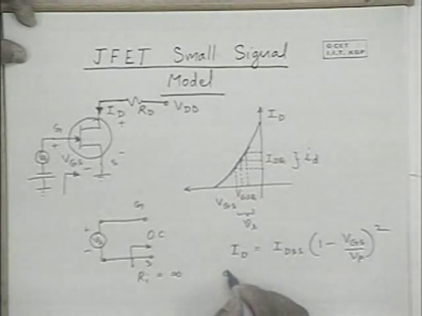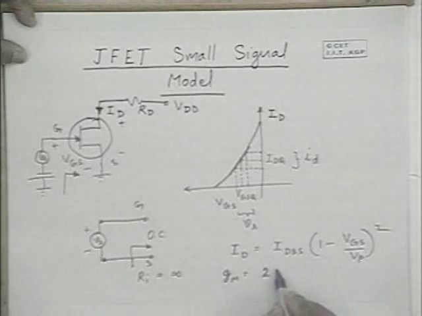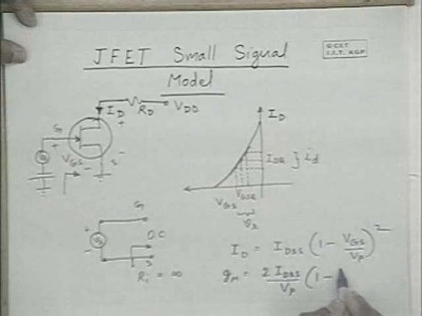Therefore, gm is equal to 2 IDSS by VP into (1 minus VGS by VP).